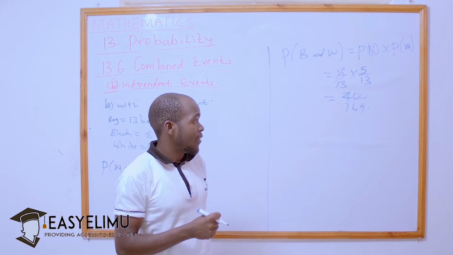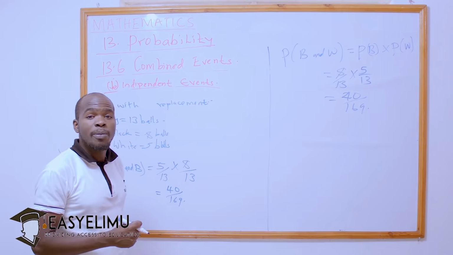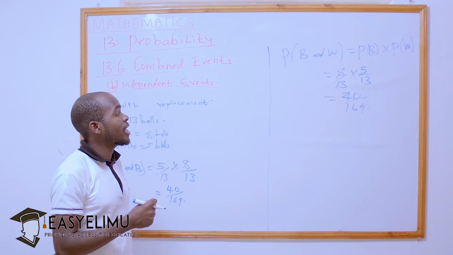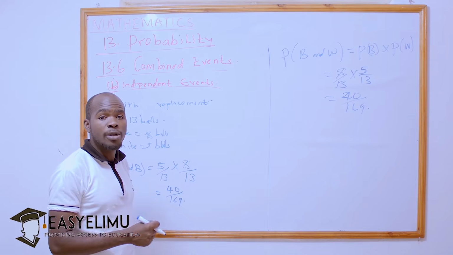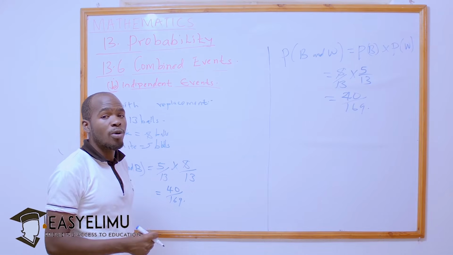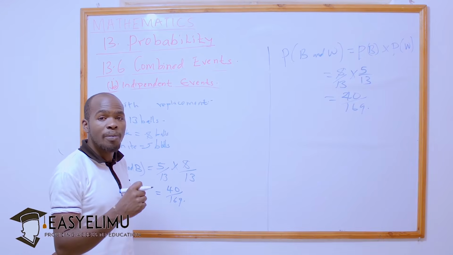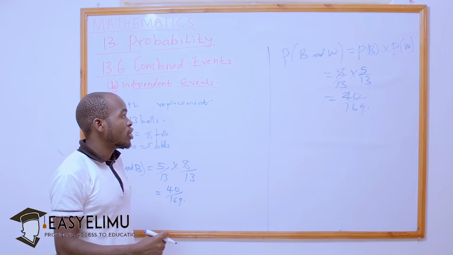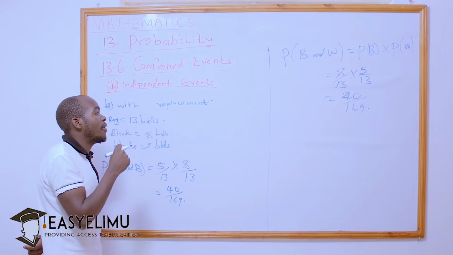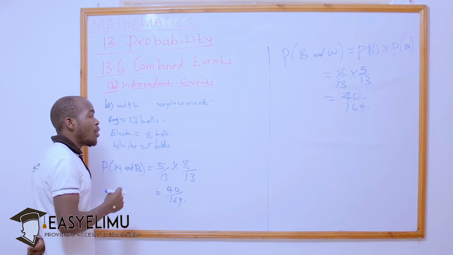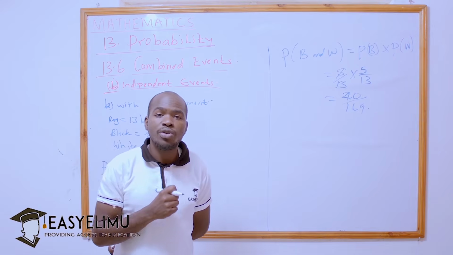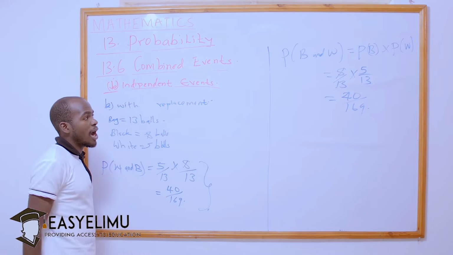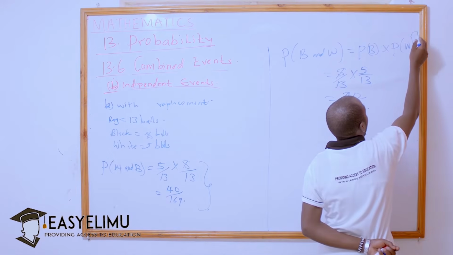Thereby, in the first event you can pick either a white ball or a black ball, and in the second event you can also pick either a white ball or a black ball. But in two events, you can pick one and the other, that is black and white, or white and black. After the independent event, what you have here is what we call a mutually exclusive event.